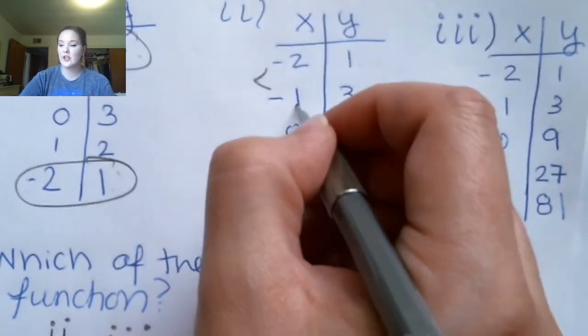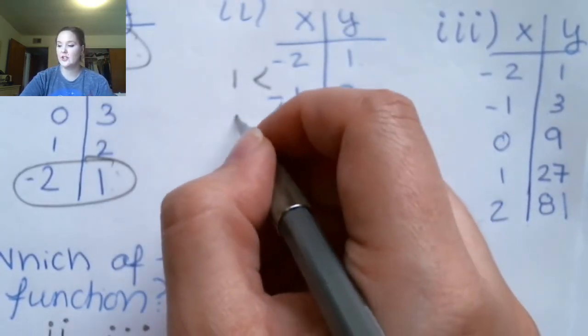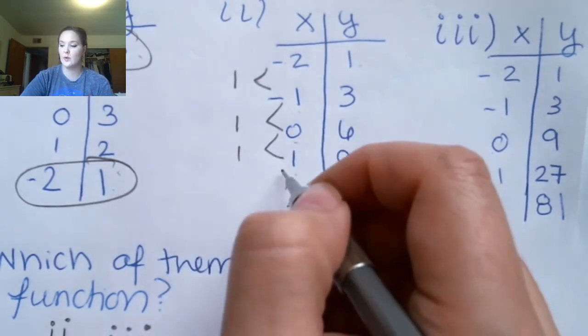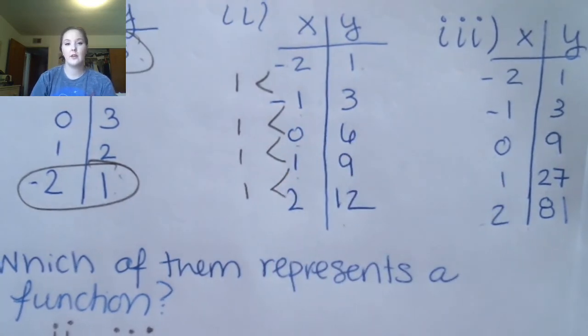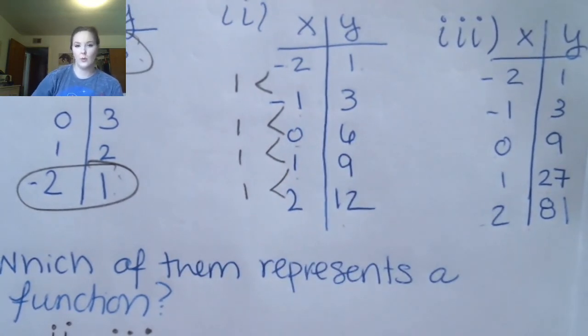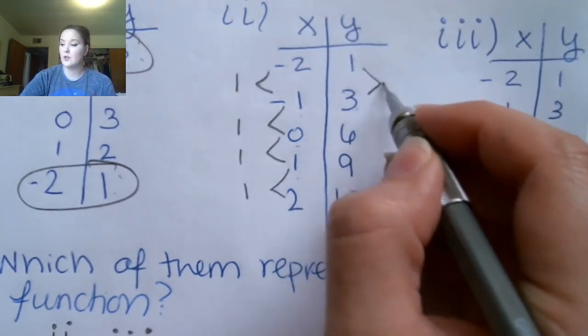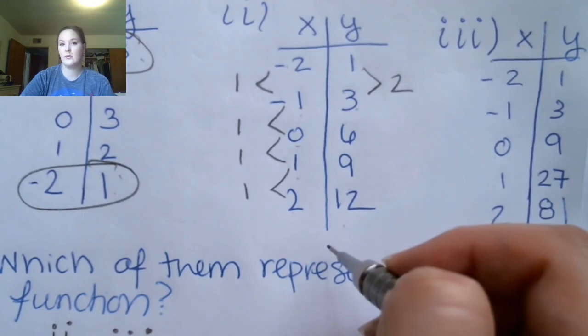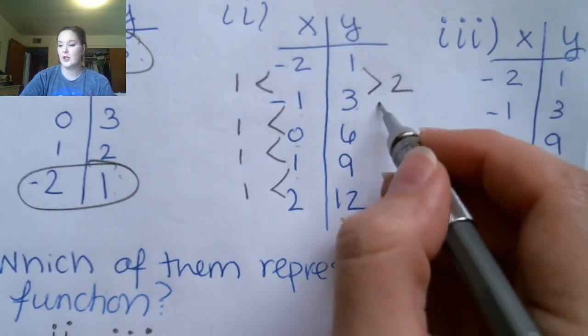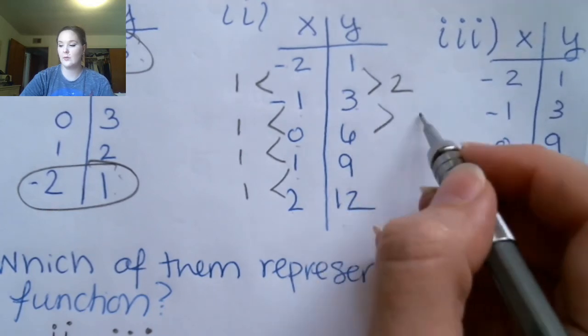So this change in x is 1, this change in x is 1, this change in x is 1, and this change is 1. Then we're going to look at the change in y. This change in y is 2. This change in y is 3.